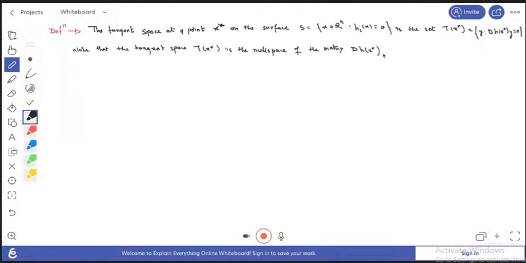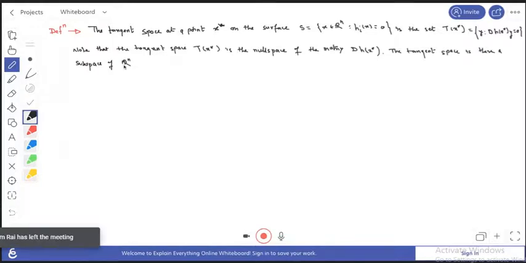So the tangent space is a subspace of Rn.